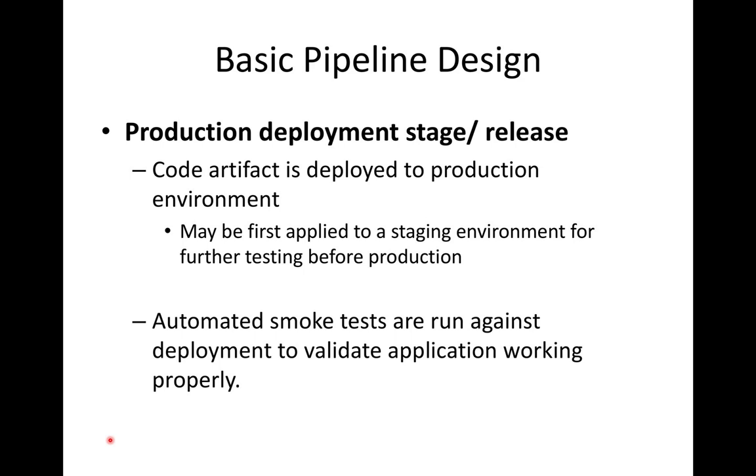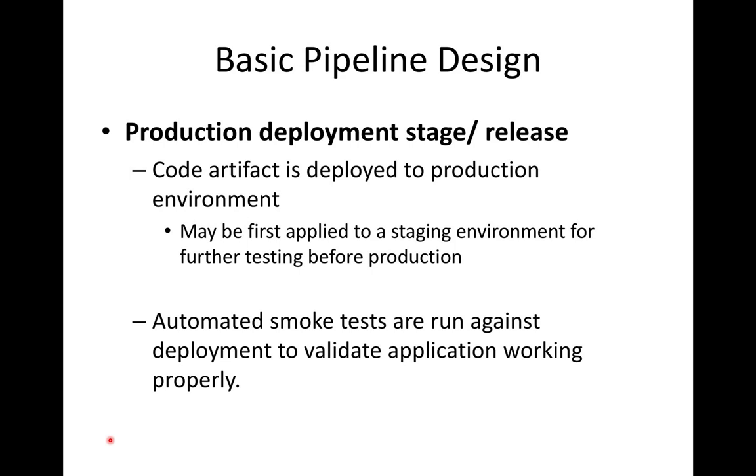The next stage after testing is to deploy or release our software. And in this case, our code artifact is being deployed potentially to a production environment. Maybe instead of deploying our code directly to production, we'll first deploy it to a staging environment. And in the staging environment, we'll run a series of automated smoke tests.